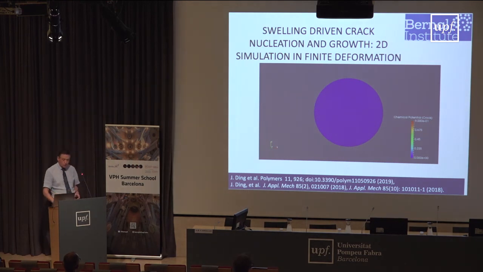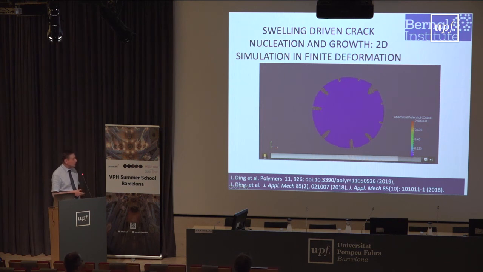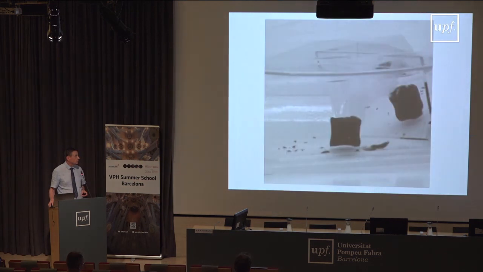Now we can also do simulation of several cracks at the same time in finite deformation, and you see them propagating and going inside as you would expect to happen in a gel, but also as you would expect to happen in an intervertebral disk. And we can actually show also that without loading from outside, a gel can start cracking.